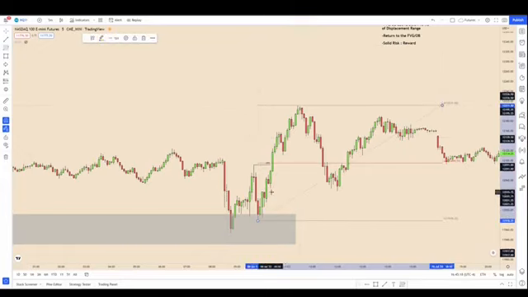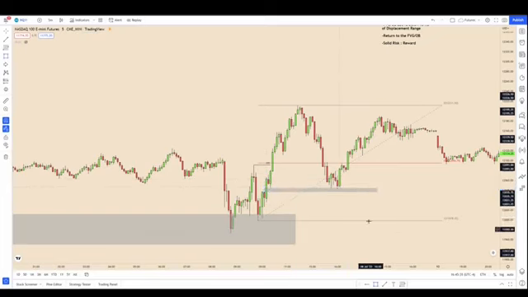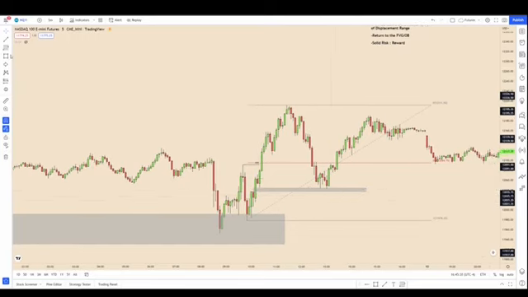Now if you're wanting to long, you want to long at a discount, right? Well, is there any fair value gaps in discount here? Yeah, one right there that has not been mitigated. So that would be your entry, and risk to reward there. You have your first partial.